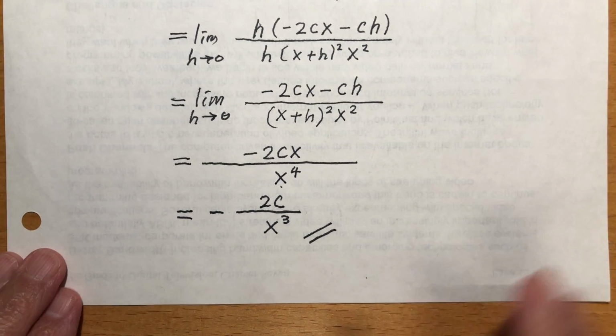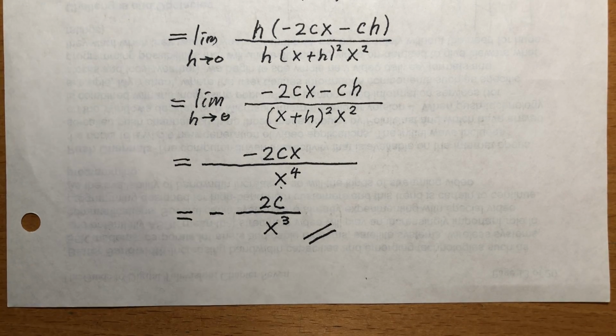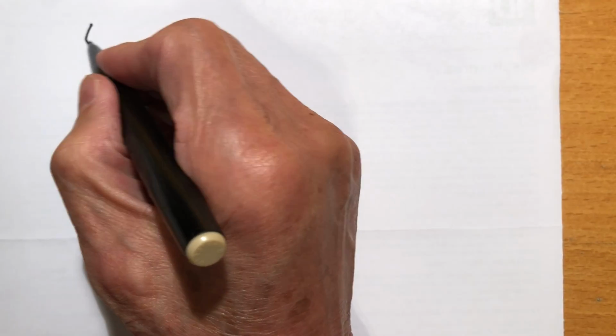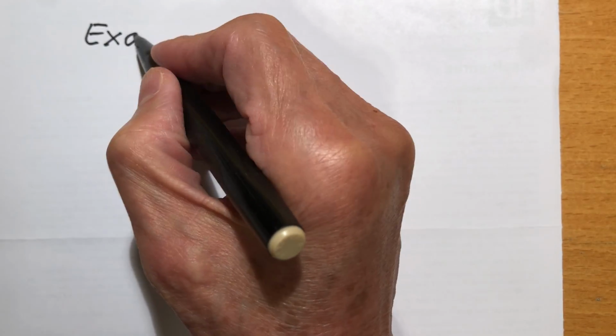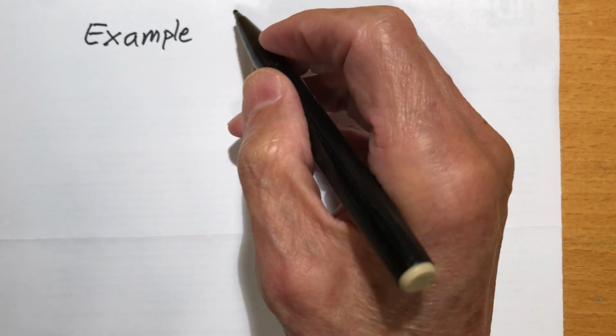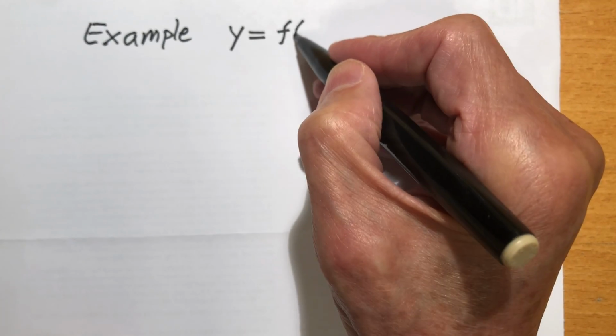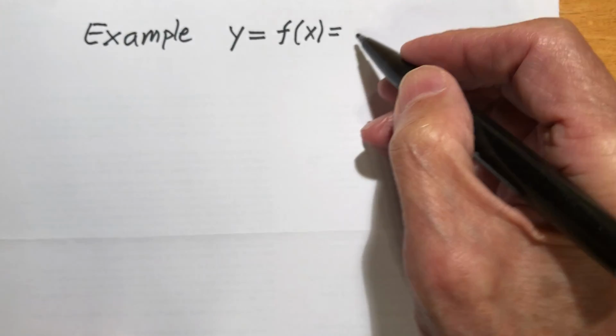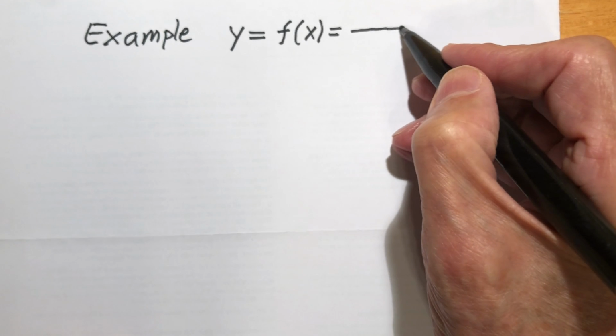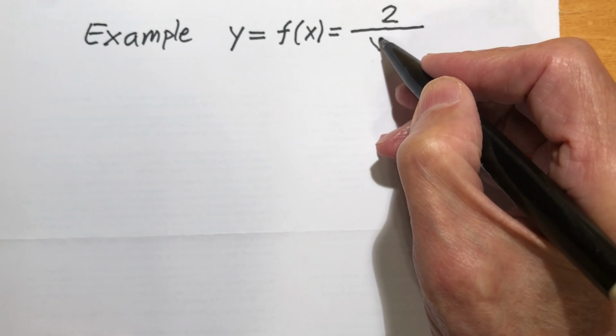Let's have a second example. Y of course can be written as f of x is equal to 2 divided by x plus 1.